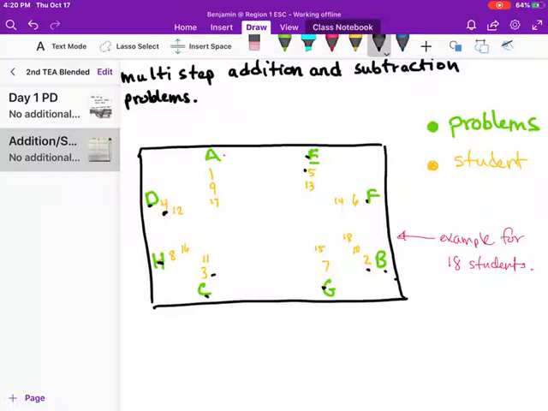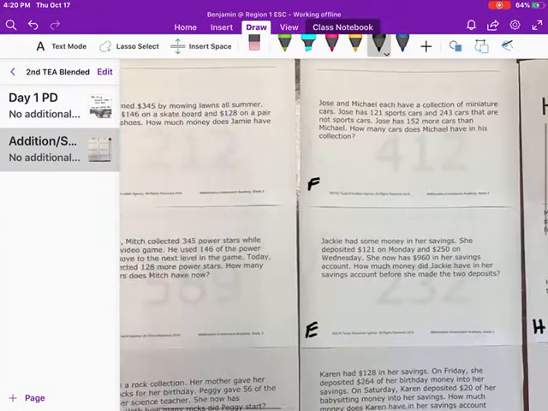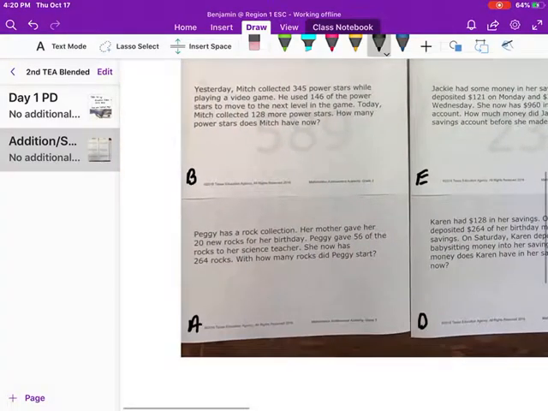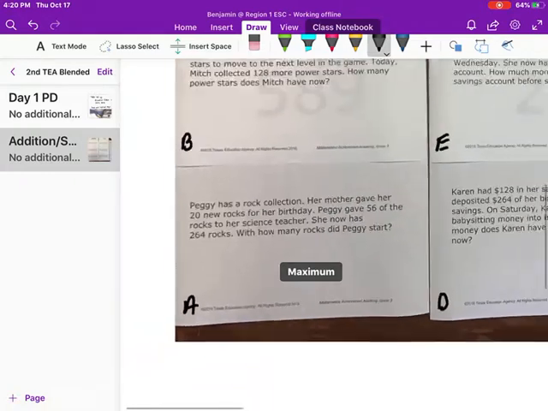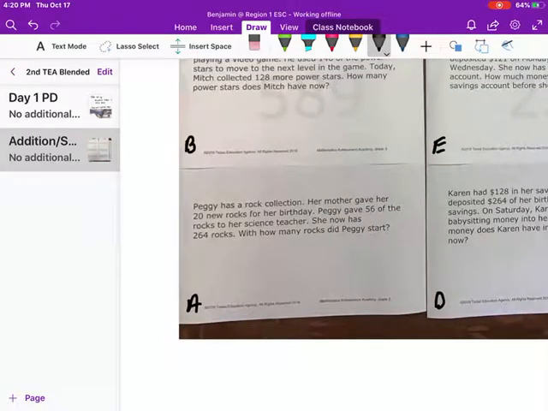Once they start there, they have to work out the problems, solve them however they can, and model them. For example, let's look at problem A. It says Peggy has a rock collection. Her mother gave her 20 new rocks for her birthday. Peggy gave 56 other rocks to her science teacher.